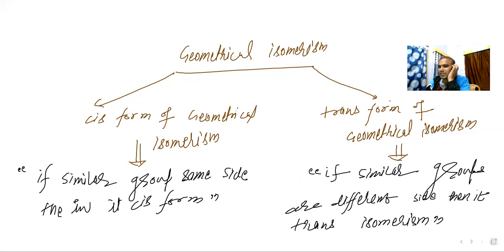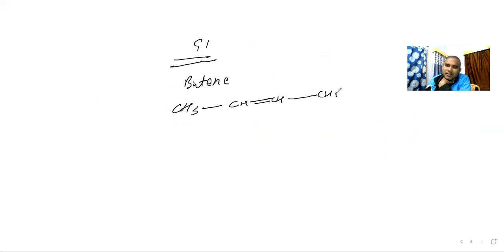Now let us try to understand geometrical isomerism. Here I am taking butene. The structure of butene is CH3CH double bond CH, and here CH3.